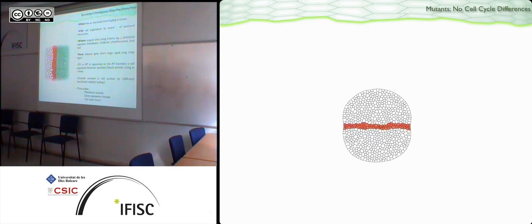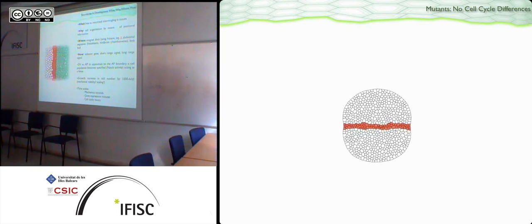Because of that difference, there is a particular region that is exerting a pressure over that region. Here you can see that there is a little bend. And what we can see with these experiments is that the tissue can resist the pressure that is implemented due to the growing. I am almost there.